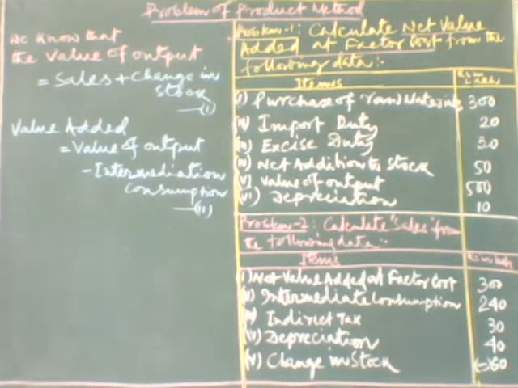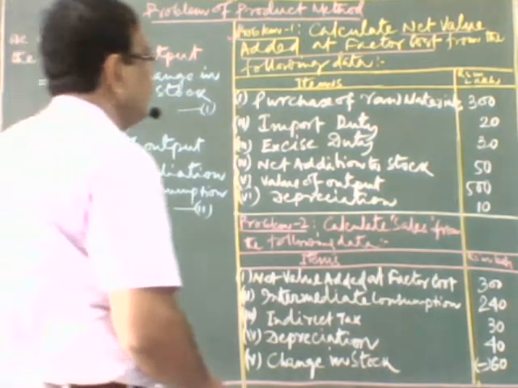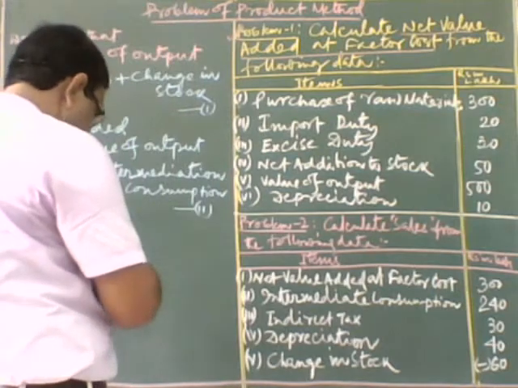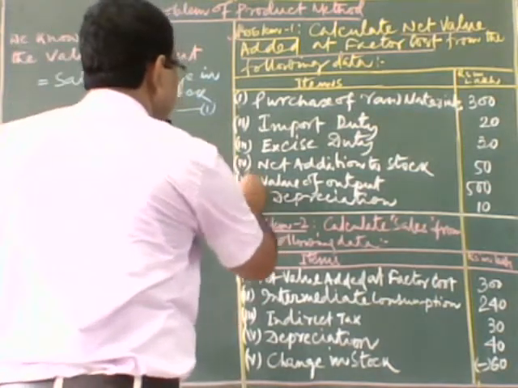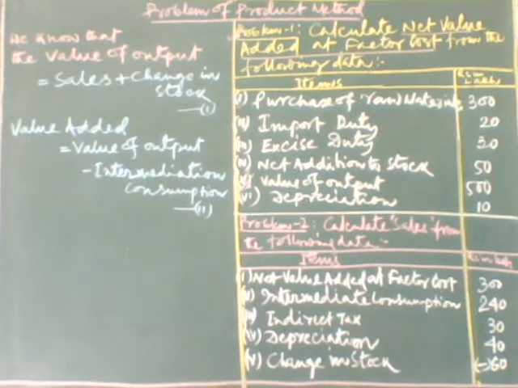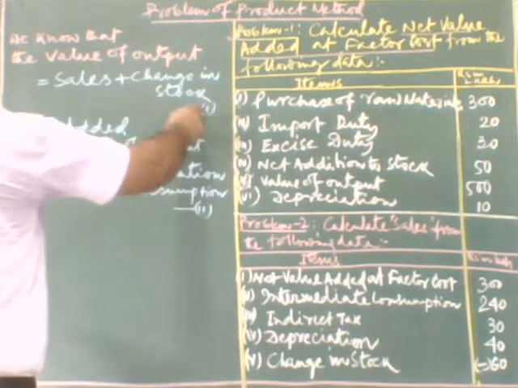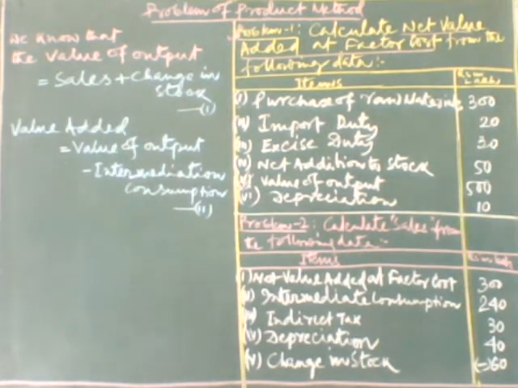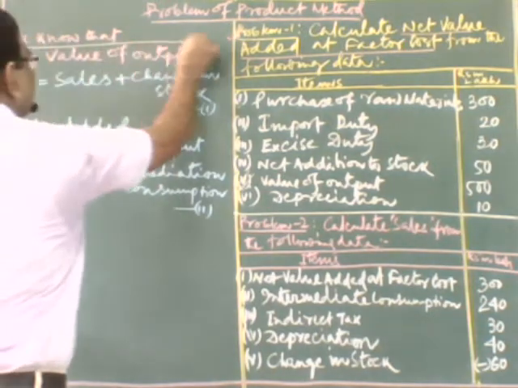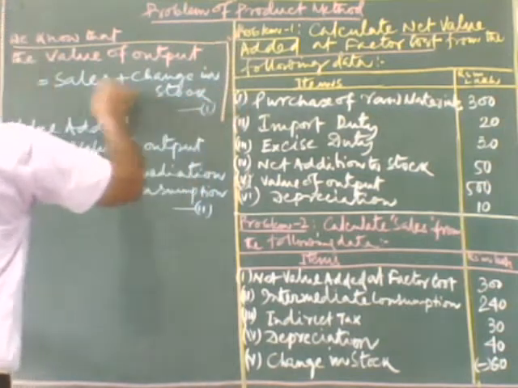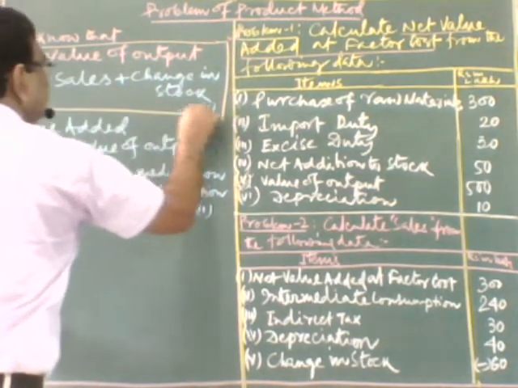Here, according to this question, the value of output, that is item number 5, is directly given. So formula number 1 will not be applicable when we have to calculate the value added.